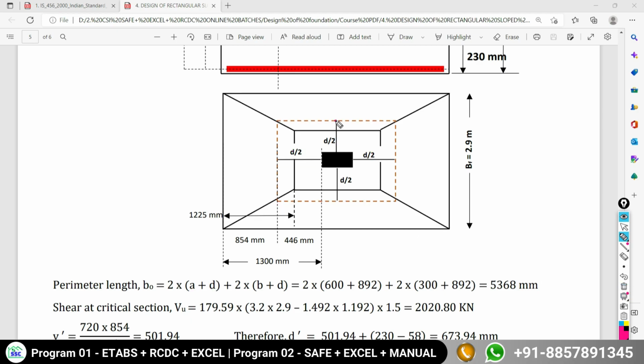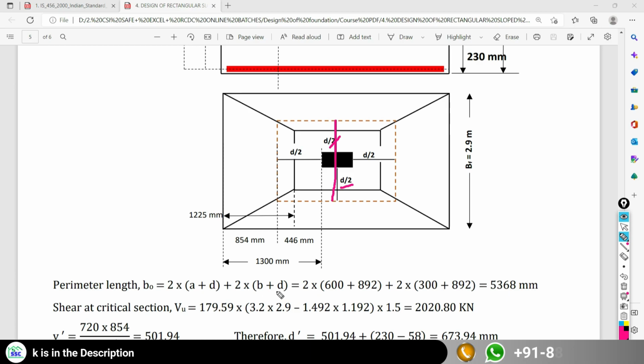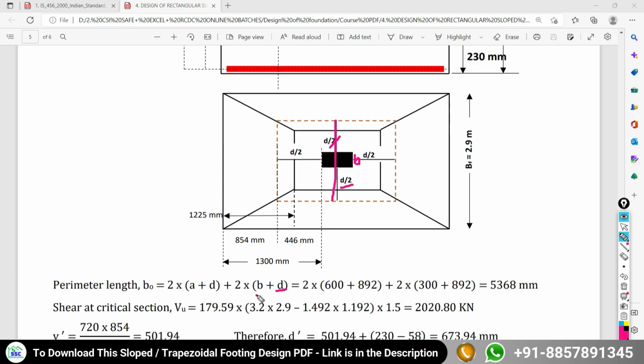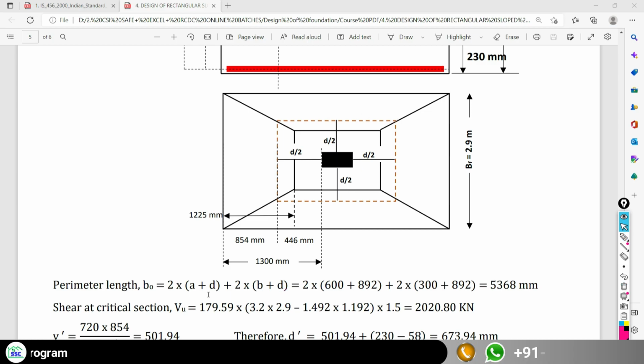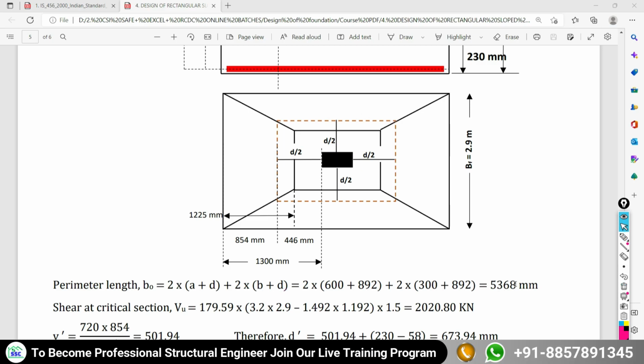Likewise, along this side, d by 2 plus d by 2 becomes d plus the width of your column, b, multiplied by 2. Why 2? Because this side and this side, in total it has 4 sides. After doing the calculation, we get the perimeter length as 5366 mm.